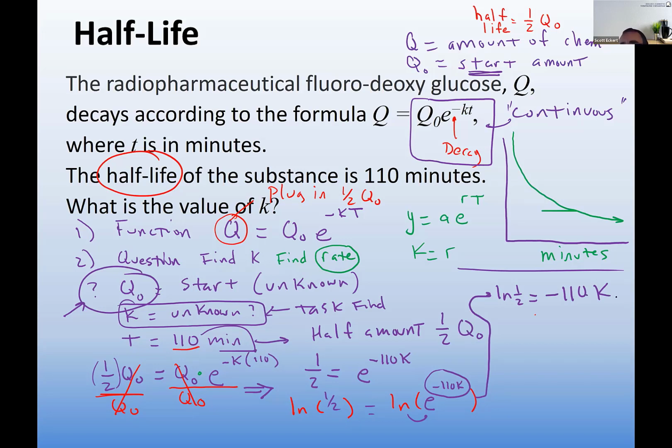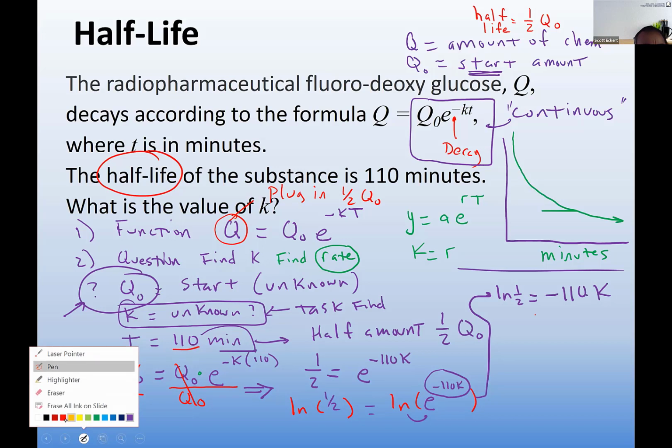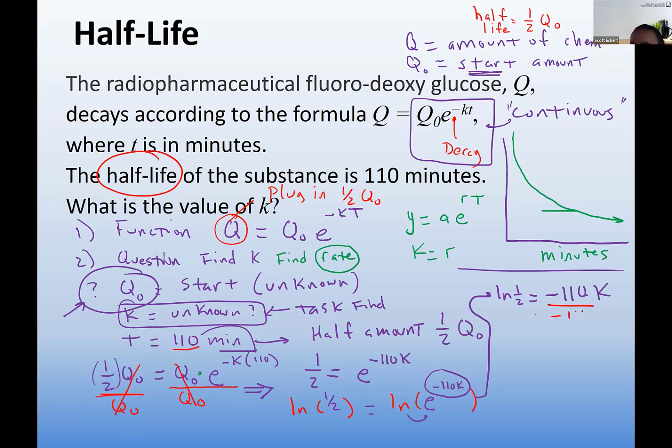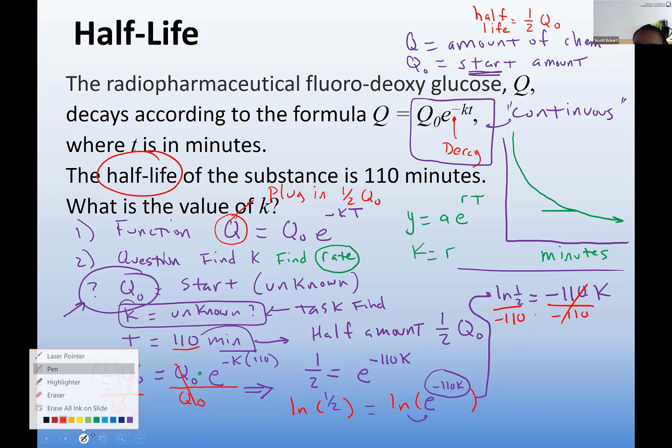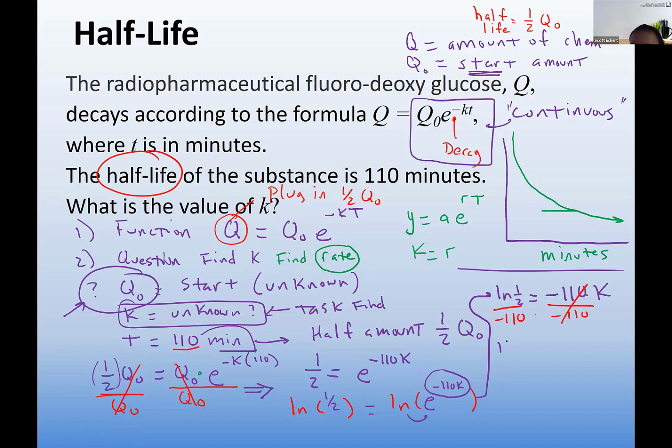So I'm almost done. Last thing I have to do is divide, and k is by itself. K equals ln of 1/2 over negative 110.